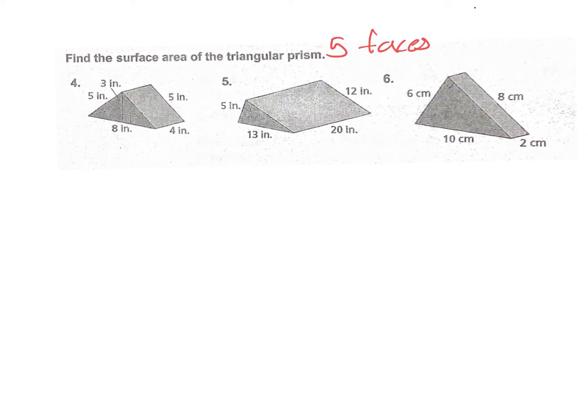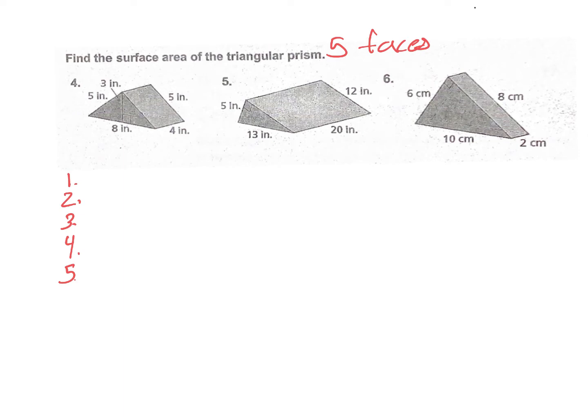It's almost like it's separating it into 5 problems. You want to find the area of each of the faces. So I'm going to put 1, 2, 3, 4, 5. I need 5 numbers that will help me to solve this one.